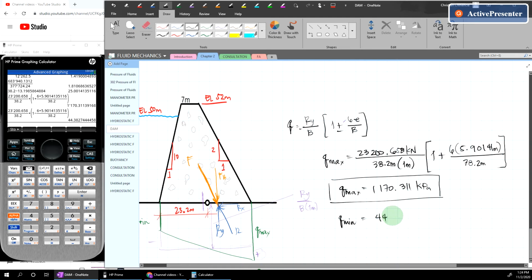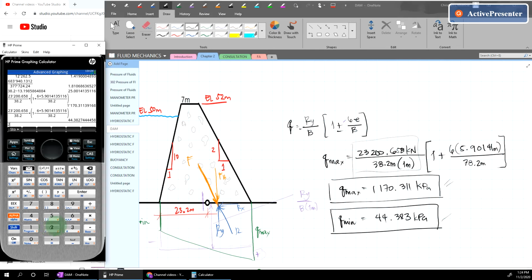So, 44.383 kilopascal. Okay. So, yung average nitong dalawang na to, just to check lang kung tama yung pagkaka-input sa calculator. Yung average nitong dalawang na to, dapat equal siya dito. Okay.